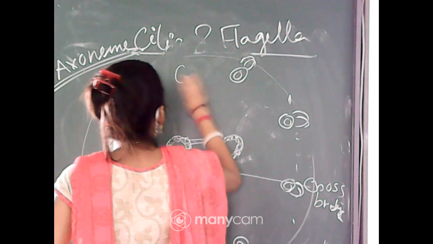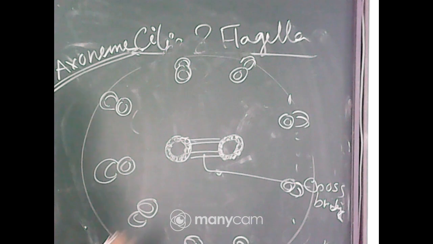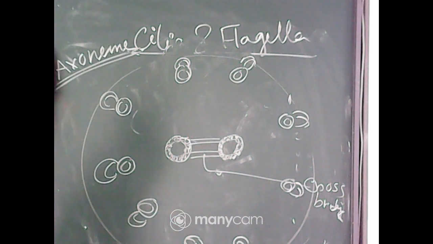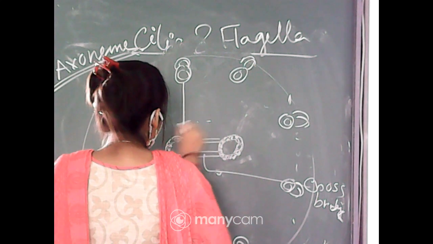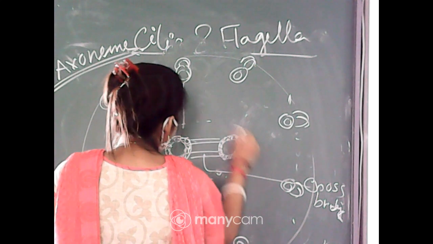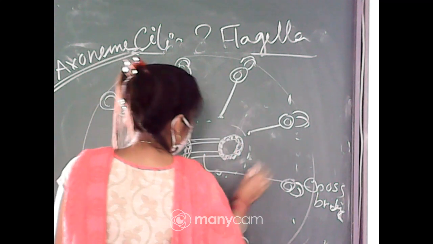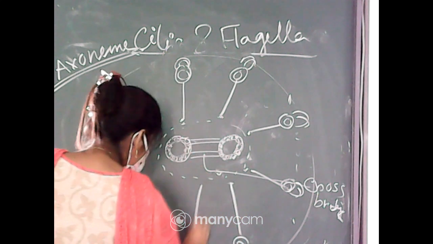Just understand the different parts, and that is the 9 peripheral microtubules, and these are attached and it is covered with a central sheath. A thickening is present at the end of this structure.